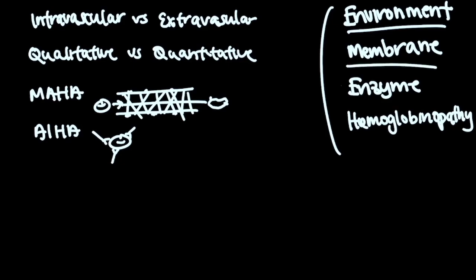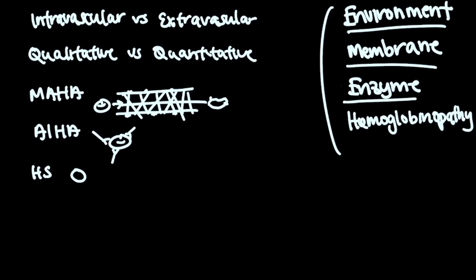Certain membrane issues are, for example, hereditary spherocytosis, where there is a missing or dysfunctional protein within the cell membrane, which causes an unstable red cell membrane and can slowly lose cell membrane to the extent that they become basically very small spheres. And those are much more fragile and likely to lyse as well.